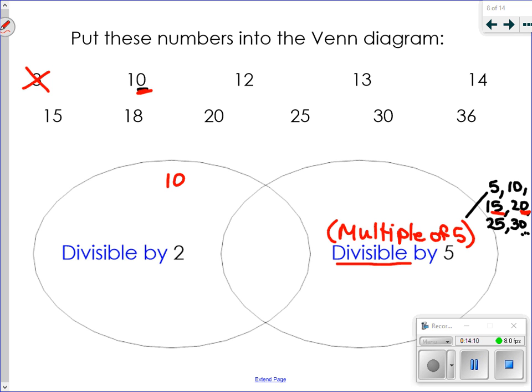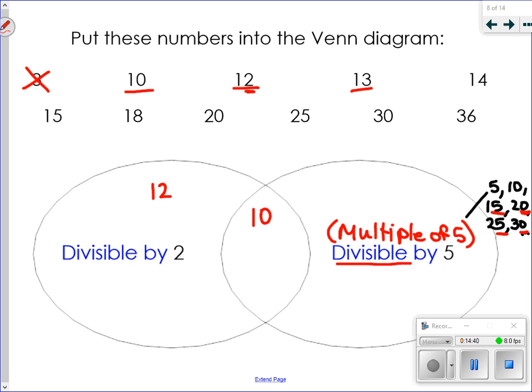Yes, it does. So 10 is divisible by 2 and by 5. It's going to go in the middle. It's divisible by both. Okay, what about 12? Divisible by 2? Yep, it ends with an even number, so yes it is. Is it divisible by 5? Does it end with a 0 or a 5? Nope, so it's just divisible by 2.